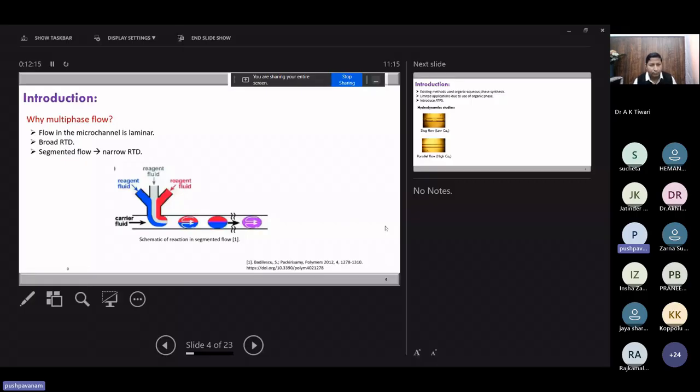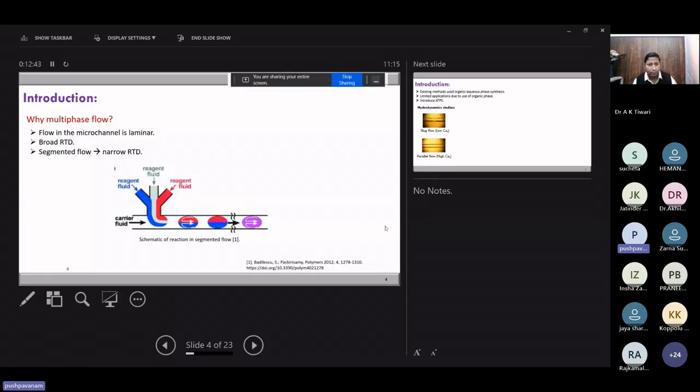So we are avoiding the problem of different fluid elements spending different times in the reactor, as in single phase. Here each slug behaves like a microreactor, spending the same residence time, and I get the same conversion, same performance. This is what people have been doing, and the only idea is that these are two immiscible liquids.